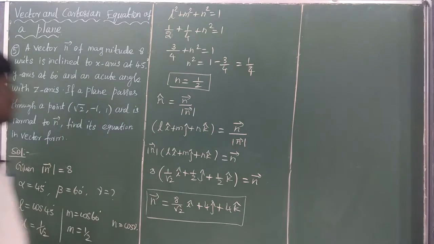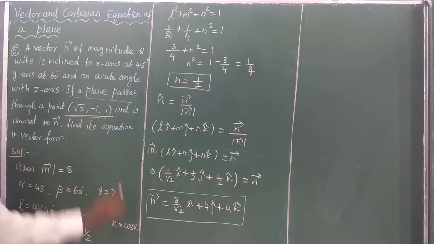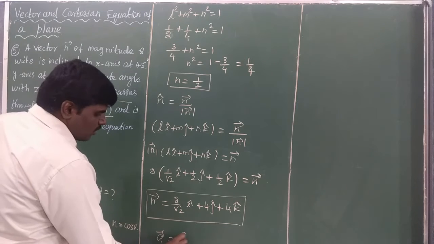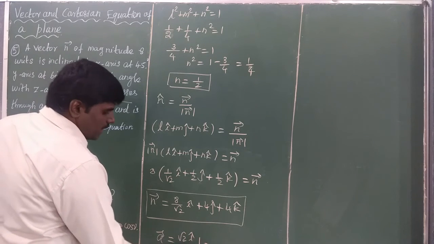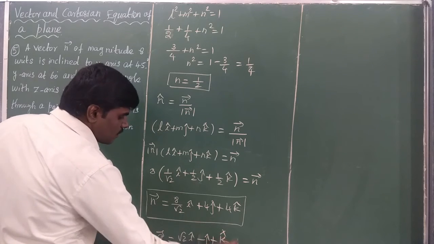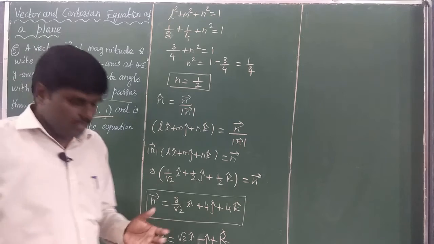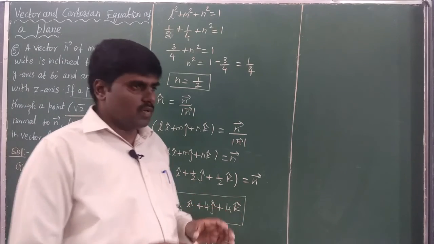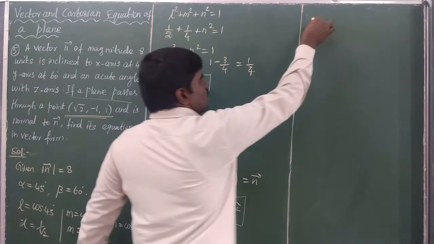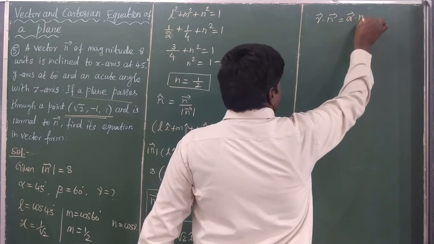Again, the plane passes through a point, that is a vector. We know that a vector is equal to, what is the point it passes through? Root 2 i cap minus j cap plus k cap. Is that clear? So we know the formula for the equation of a plane passing through one point and normal to a vector. What's the formula? r vector dot n vector is equal to a vector dot n vector.